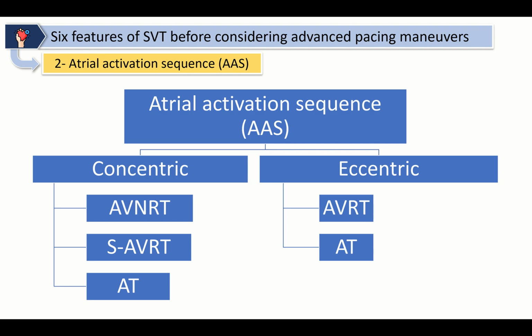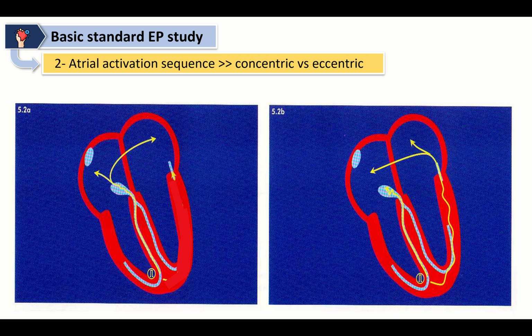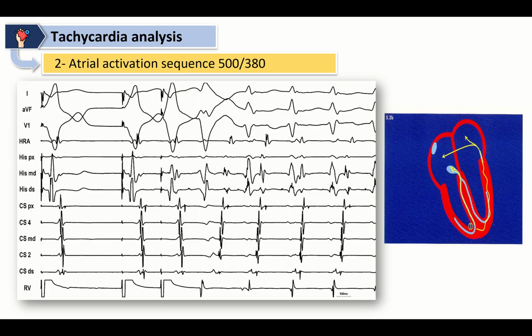AVNRT is unlikely. To understand this, we have retrograde conduction from the ventricle. In the left panel we have concentric activation, which is nodal conduction in AVNRT, or maybe a septal accessory pathway or septal tachycardia. On the right panel it's eccentric using an accessory pathway, a left lateral accessory pathway, so it is extranodal conduction.